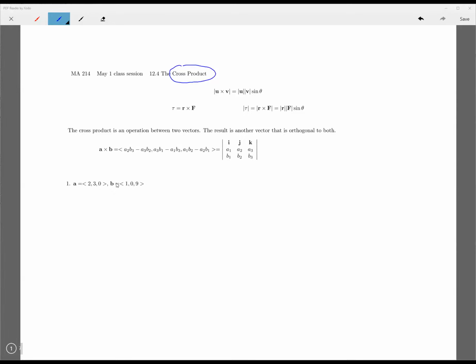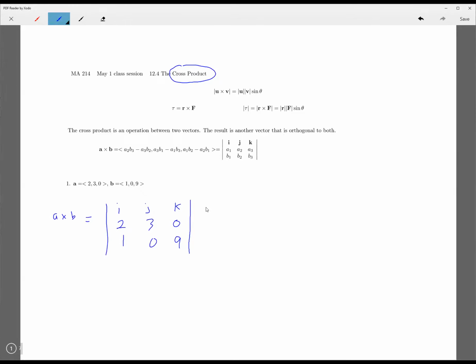So if you want to take the cross product of these two vectors, you set them up in this determinant: i, j, k. These represent the x direction, the y direction, and the z direction. Then you put the first vector across the second row, and the second vector on the bottom row.